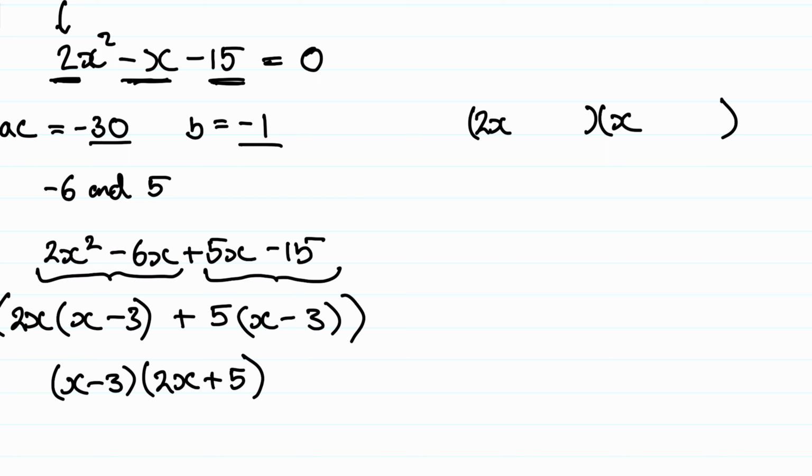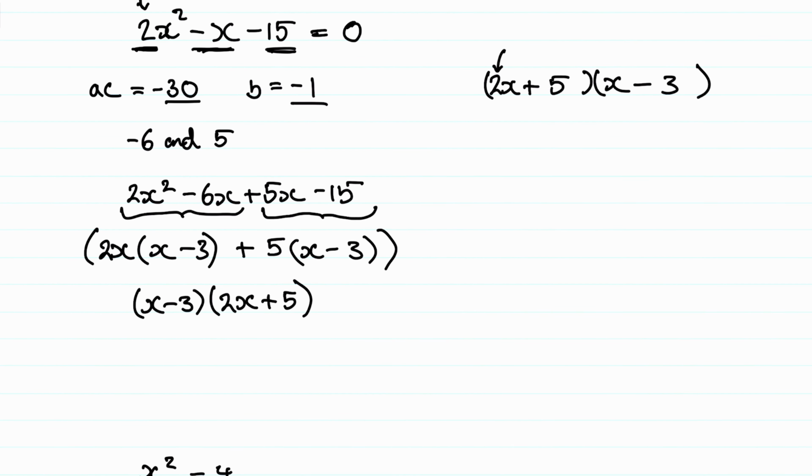Again, you want to get a net -1, and you want something that will multiply to 15, so you could be thinking along the lines of 3 and 5. If you multiply your 3 by a 2, you get a 6, so if you want to get 5 minus 6, you could get x minus 3 here, which would multiply with that 2 to get a minus 6, and a 2x plus 5. And that just comes with experience as well.